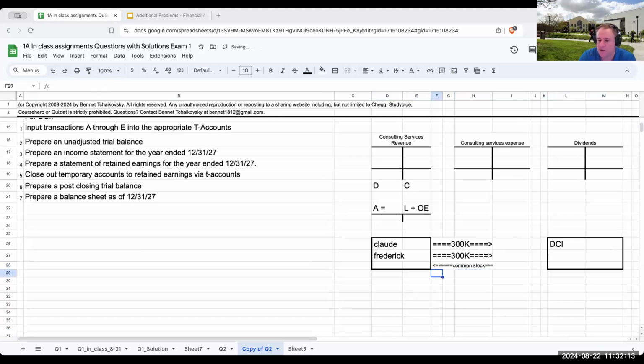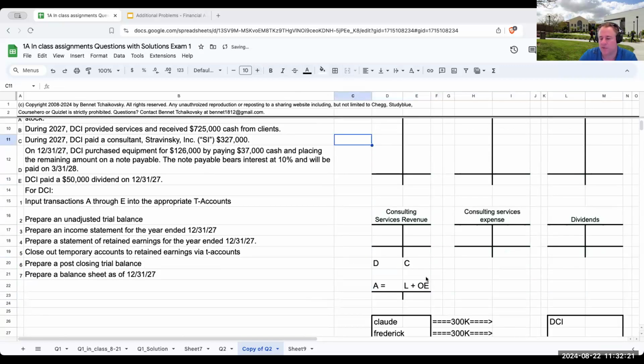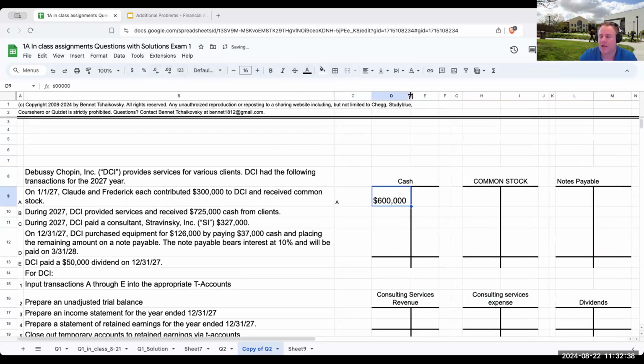So if I'm doing this from the perspective of DCI, what I'm going to need to do is say, okay, we're receiving 600,000 of cash. So this would be letter A. And then for every debit, I need a credit.